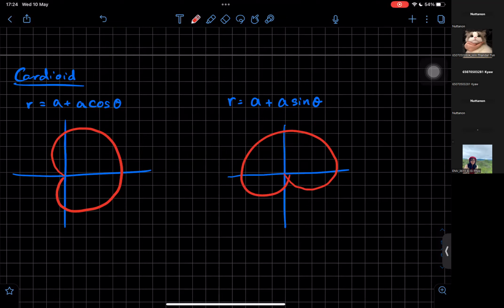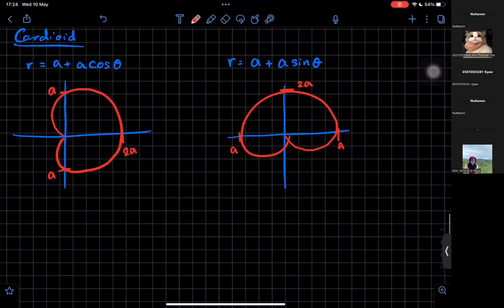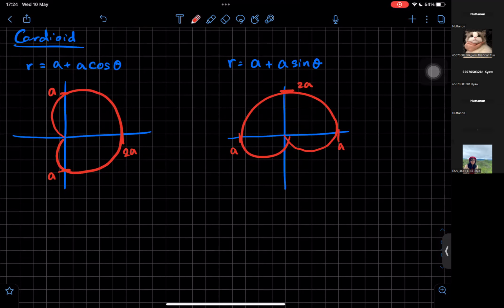And here is a, and here is 2a. And if it is minus, then it's going to flip.